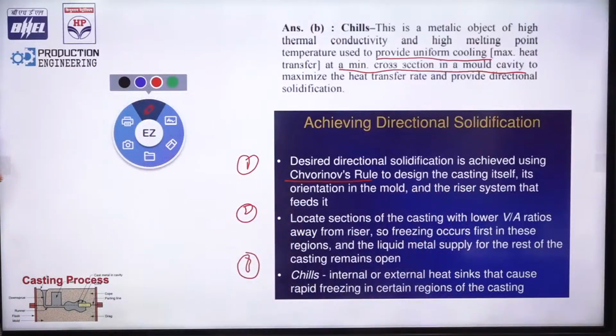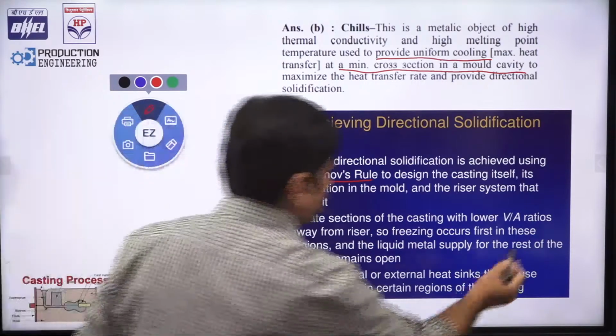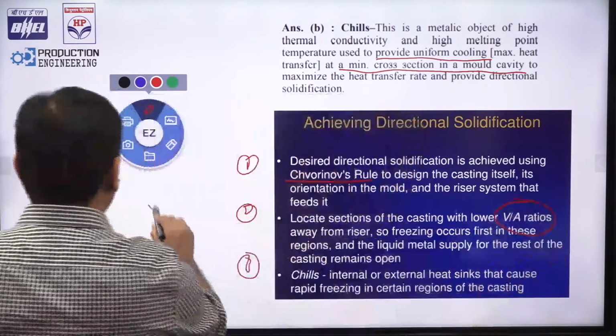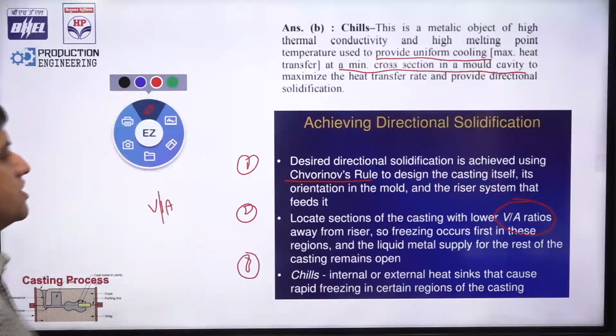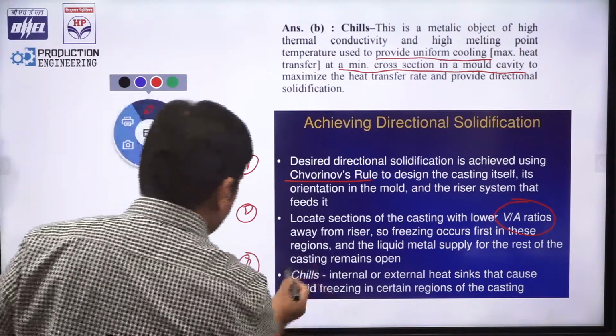Second, you will locate the section of the casting with lower volume to area ratio away from the riser. So freezing occurs first in these regions and the directional solidification is provided. So the V, volume to area ratio during design itself will decide the directional solidification. And the third way is that there is a chill which you can provide.